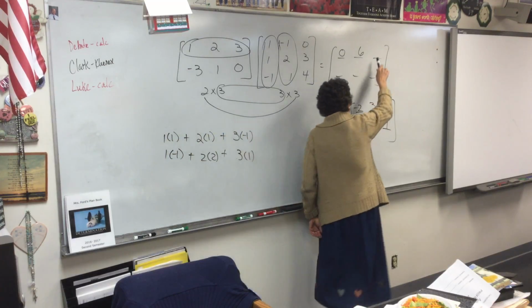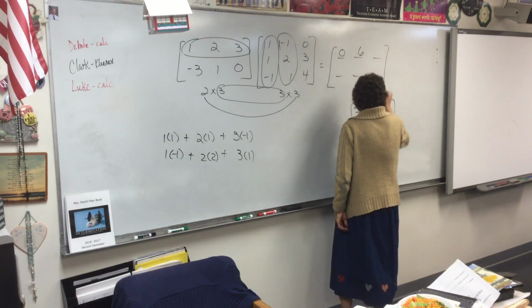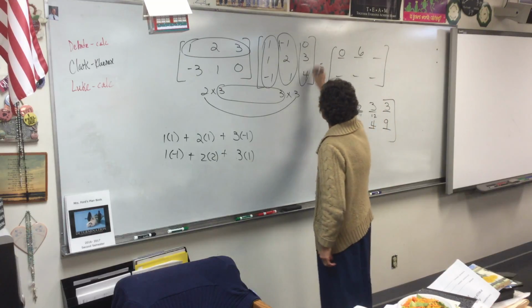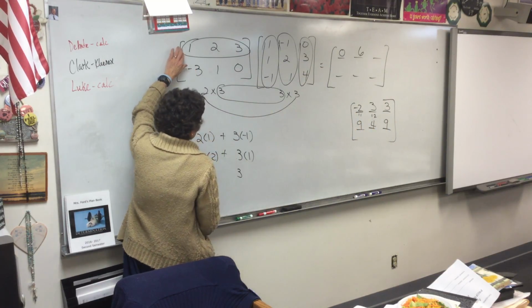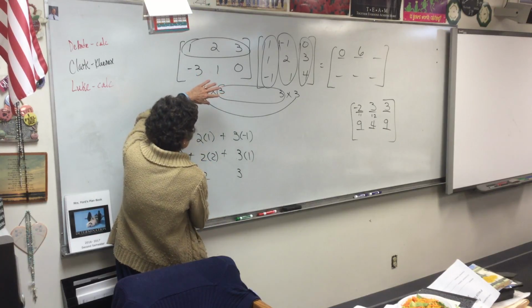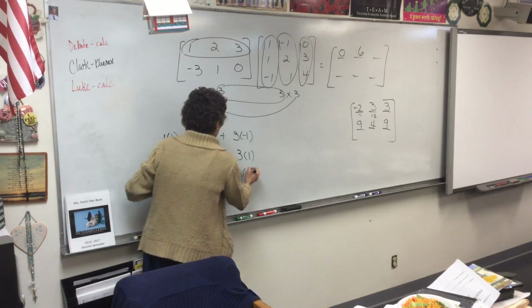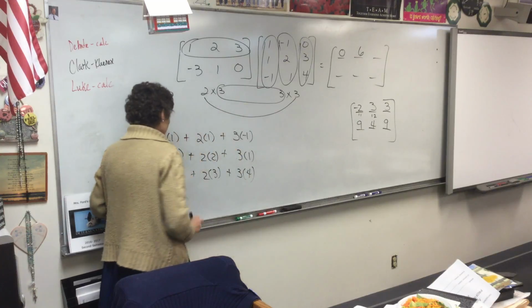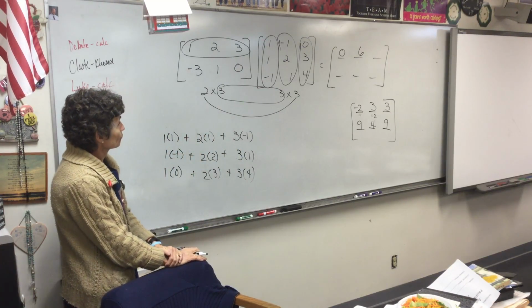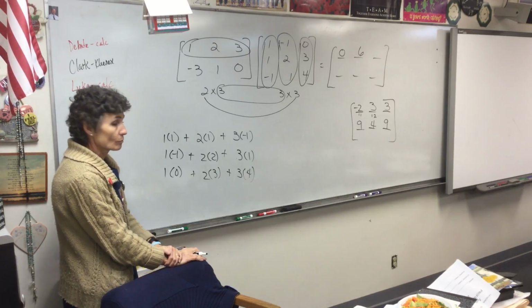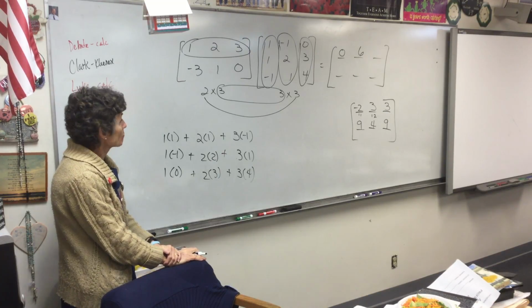Now this spot, I'm going to multiply row 1 and column 3. So here's row 1 again, 1, 2, 3. And here's column 3, 0, 3, 4. What do I get for that?